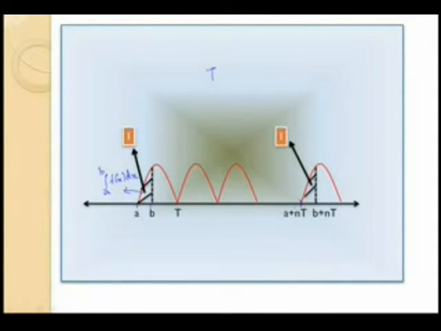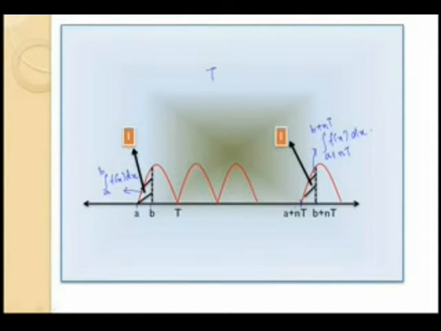Now again, as this is a periodic function, we see that this area would be equal to integral a plus n times t to b plus n times t f(x) dx. But this is a periodic function, so this area is equal to this area. We can clearly see in the graph here.